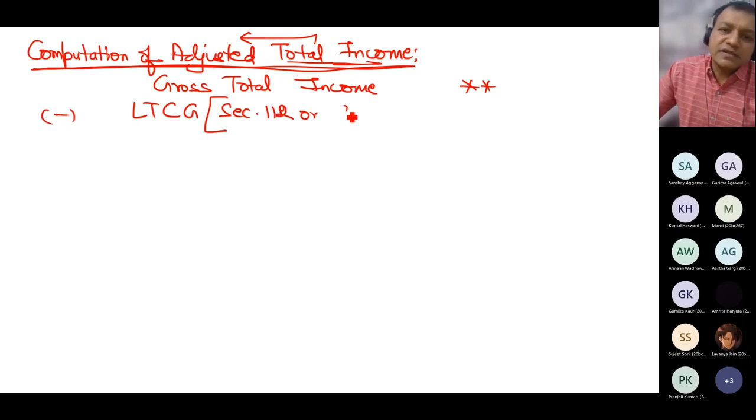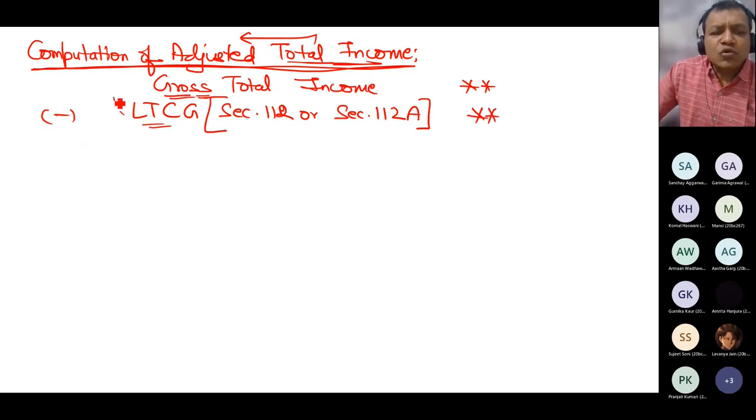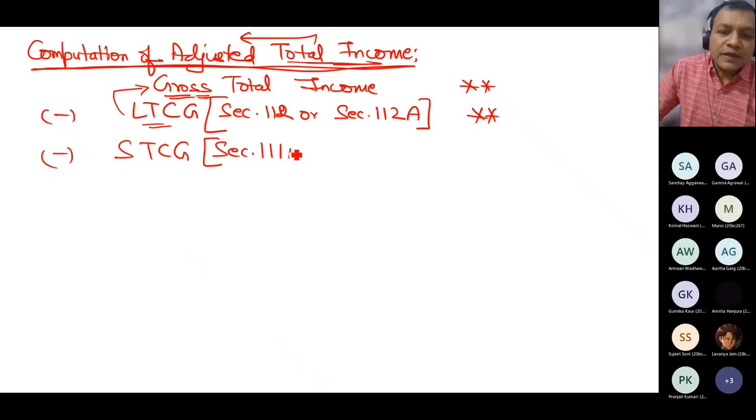Yes, 112A. So deduct those LTCGs, because if I have written gross total income, all incomes have been included, so you remove them. Then you remove short-term capital gain of only section 111A.